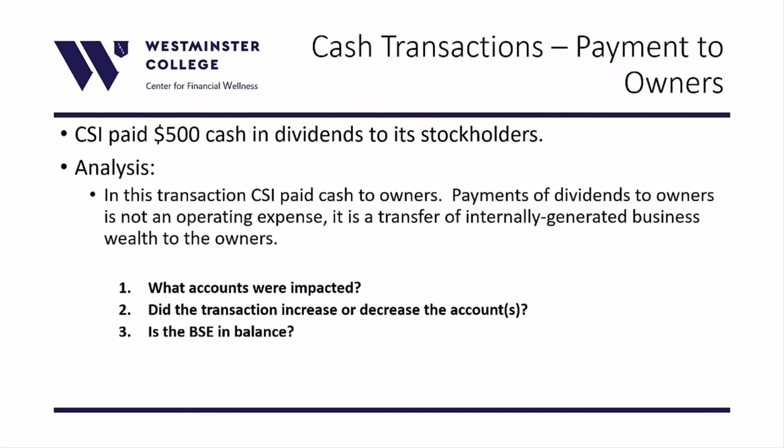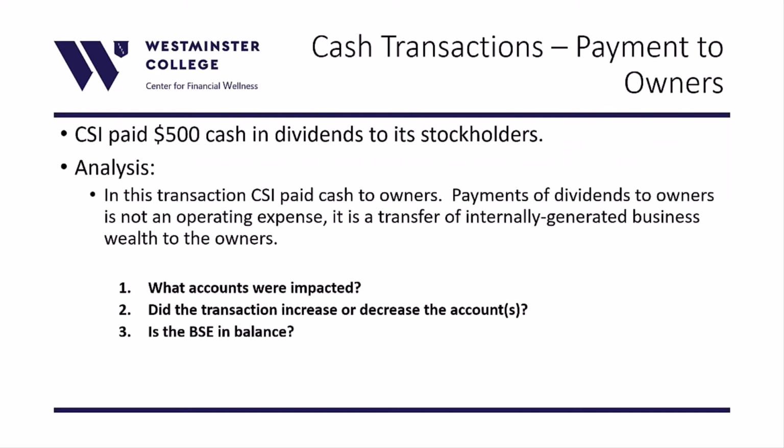CSI paid $500 in dividends to its stockholders. All right, in this transaction, CSI is paying cash to the owners. Payment of dividends is not an operations type activity.